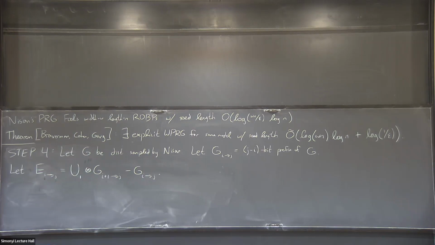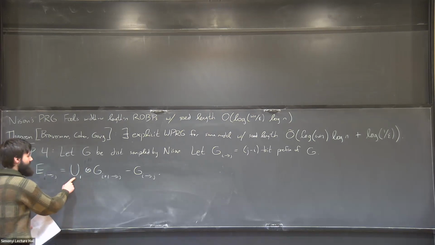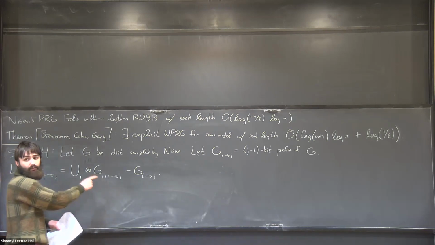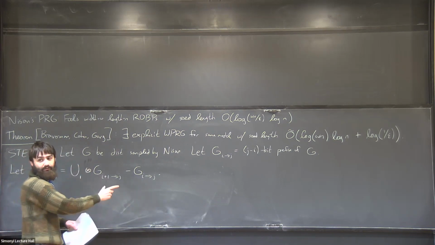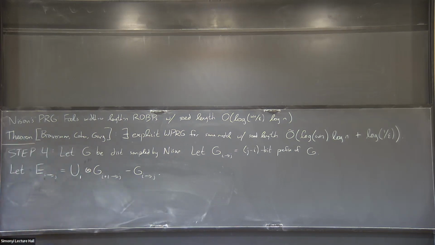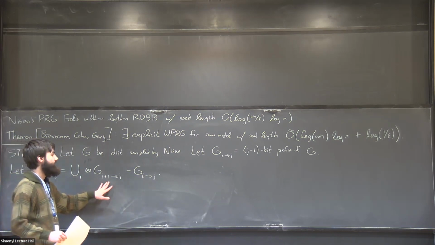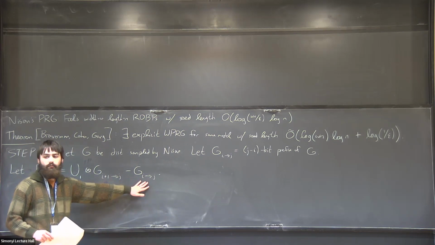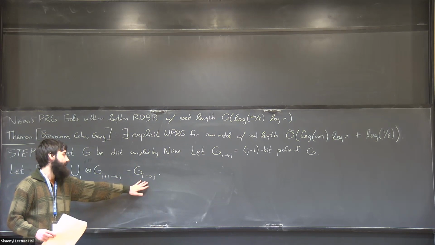This actually has to do with choices that are somewhat arbitrary. Here as written, this U1 is instead of the first bit. So it's one truly random bit followed by a bunch of pseudo-random bits. But the distribution of the second bit in the left thing is the same as the distribution of the first bit in the thing that you're subtracting. Does that make any difference? No, it doesn't matter.